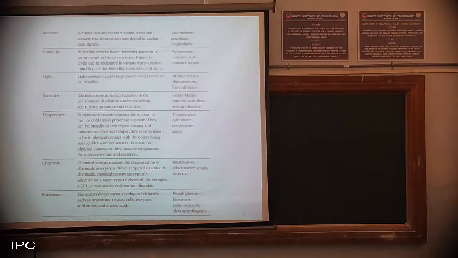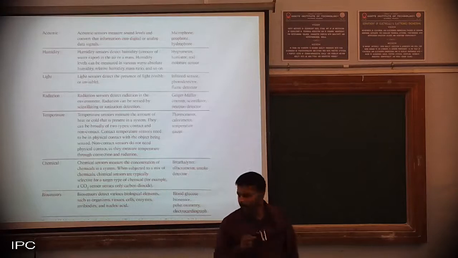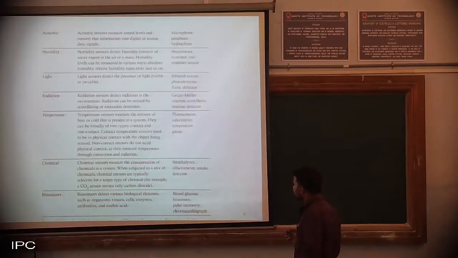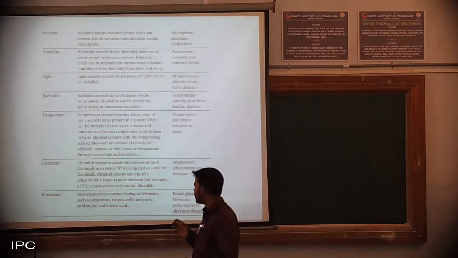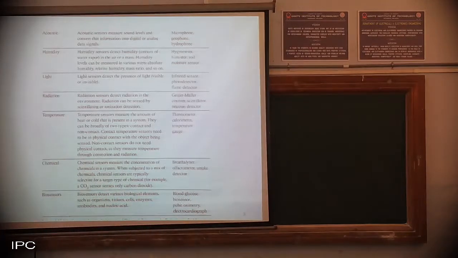And the next is the olfactometer, which can be used to detect different contaminating chemicals in the air. And the next is the smoke detector. A smoke detector normally detects the carbon dioxide present in smoke.